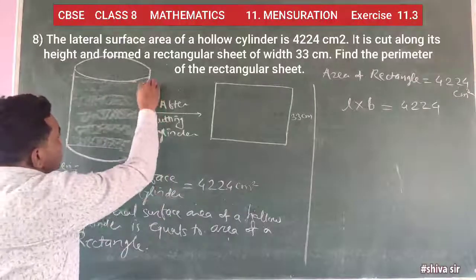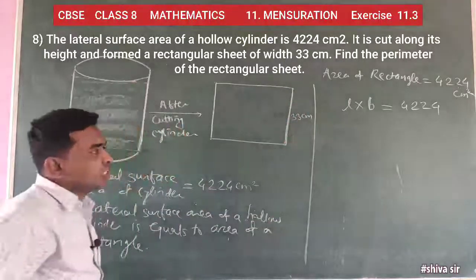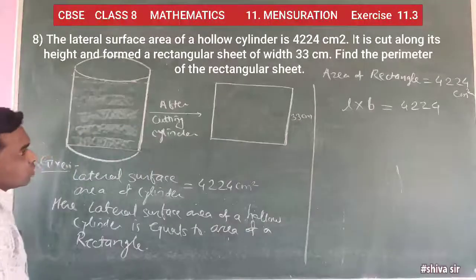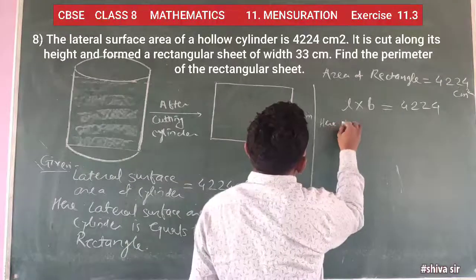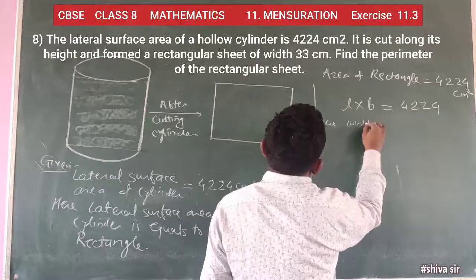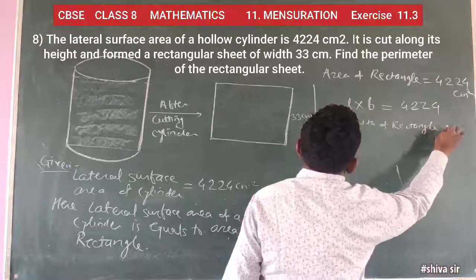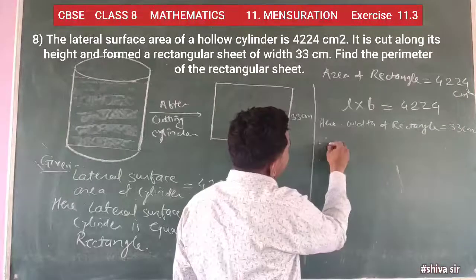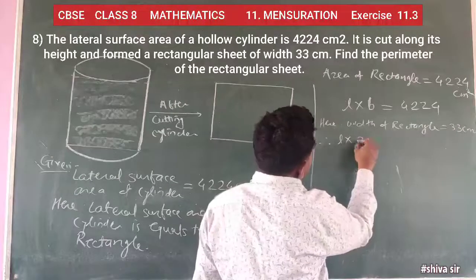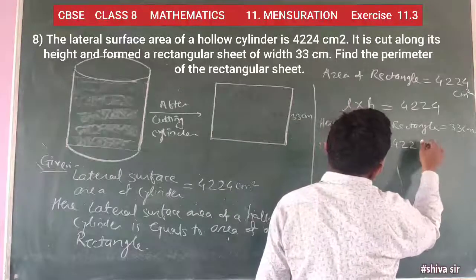So this is the width, 33 centimeter. So the width of the rectangle is equal to 33 centimeter. Therefore, L into 33 is equal to 4224.